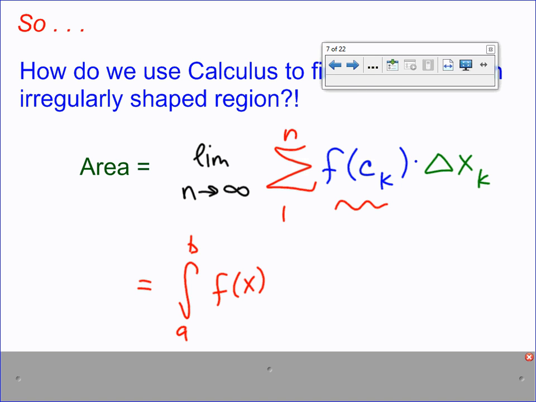The height of the function gives me the height of the rectangle, multiplied by delta x sub k, gave me the area of one. Well, now, as delta x shrinks towards 0, we're left with that infinitesimal, that dx. That dx comes from the limit as delta x shrinks to 0 of that delta x sub k, generalized into dx, the differential, and now we have the definition of the definite integral, and that gives us our exact area of any irregularly shaped region.